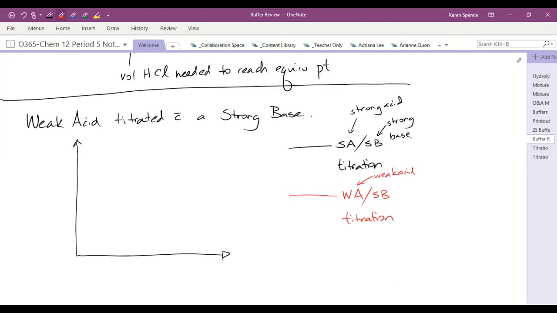What goes on our x-axis? It is a volume.